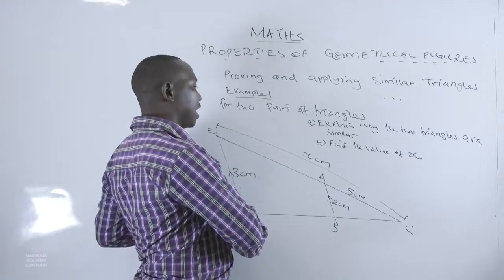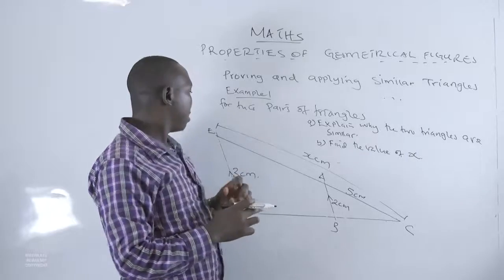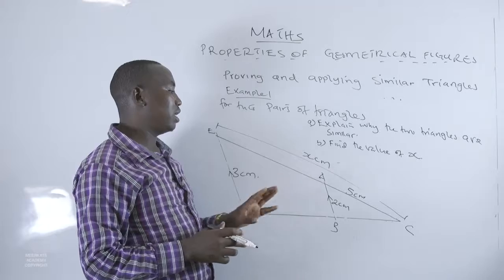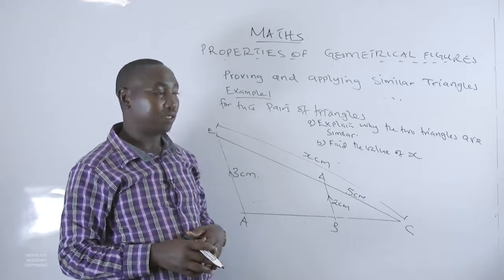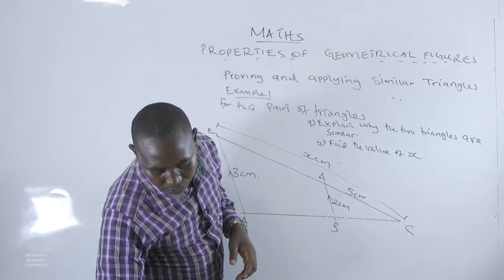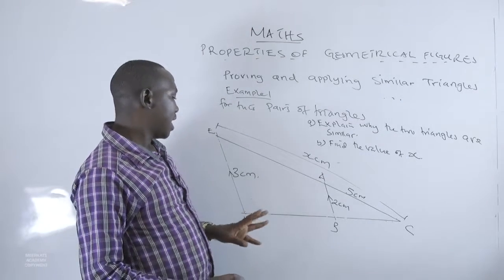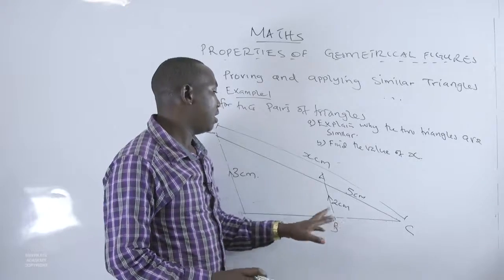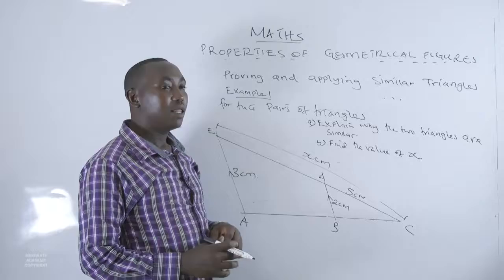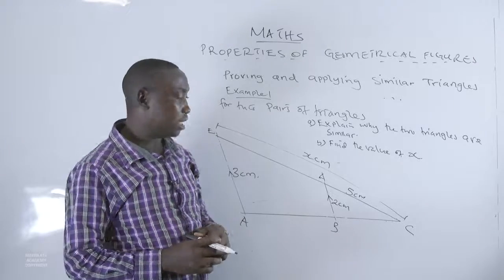Then that means that AC and AEC are going to be the transversal of these two parallel lines. And if that is the case, and we are seeking to show that CAB is similar to CEA, then we can begin by stating those.